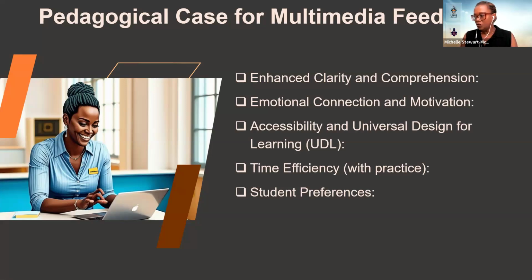So if we use the screencast or the multimedia or the video-based feedback, we can engage our students in different formats. And this, of course, aligns with UDL principles. So we offer students different options in how they receive the information. And this is particularly beneficial for students who have different learning styles, different learning preferences, or students with any kind of disability.